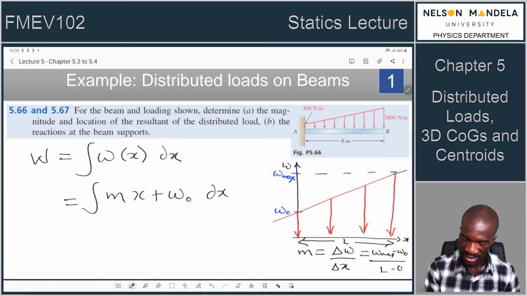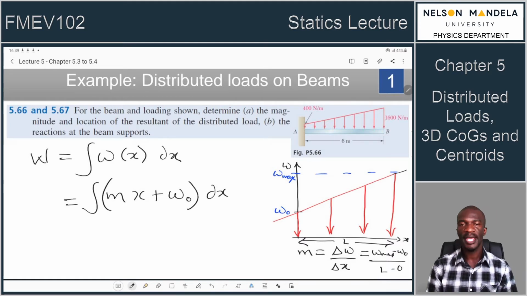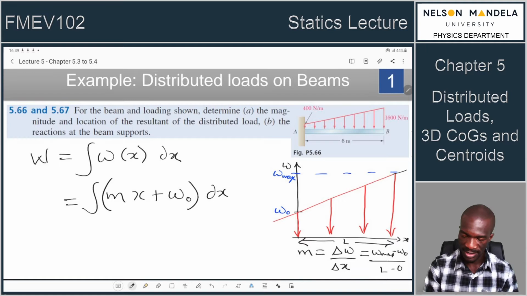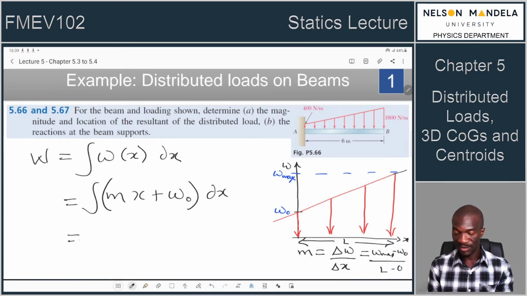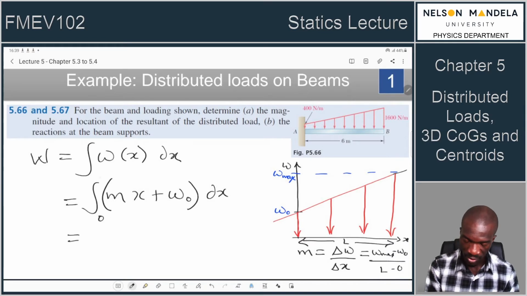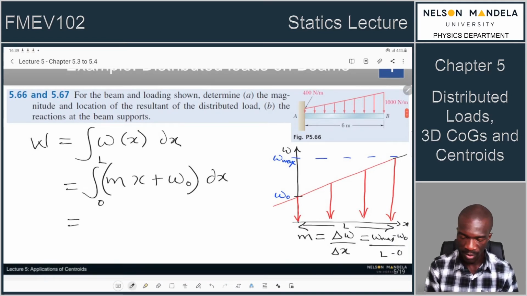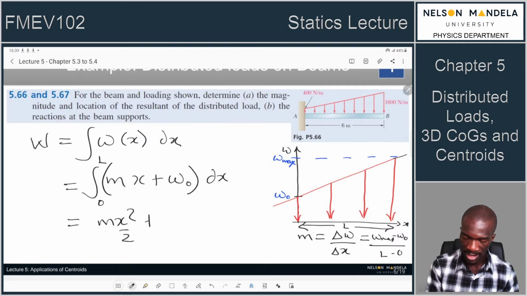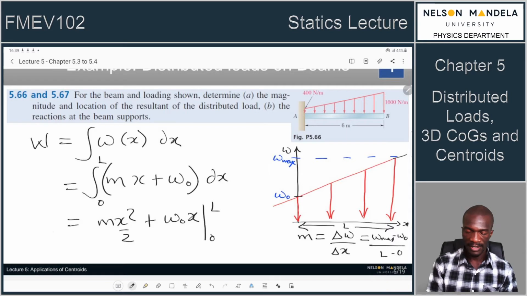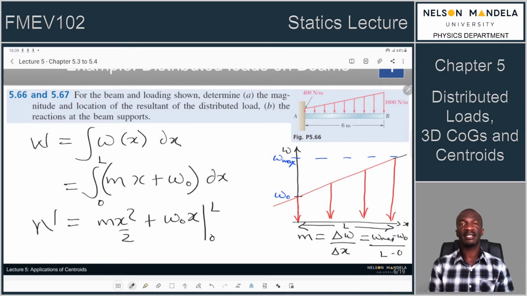This is being integrated with respect to x. As you can see, this is a constant, right? So we are going to end up having, and what are our limits of integration? From 0 up to L. So our function will be mx squared over 2 plus omega naught x from 0 up to L, and that would obviously be our resultant.